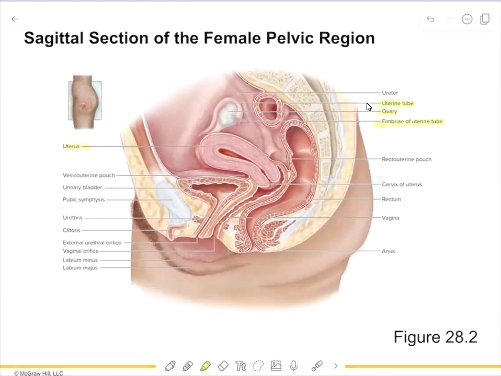and within the uterus are various layers of tissue. There's an endometrium, a myometrium, and a parametrium.